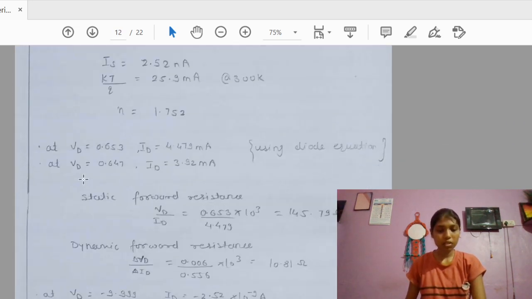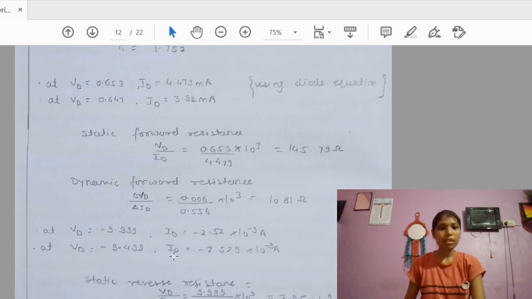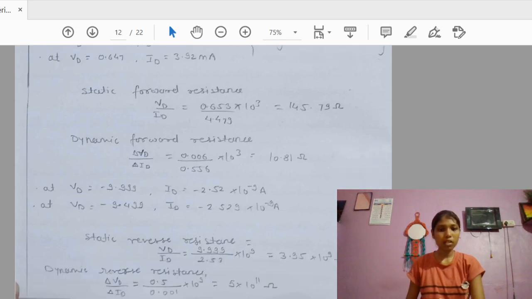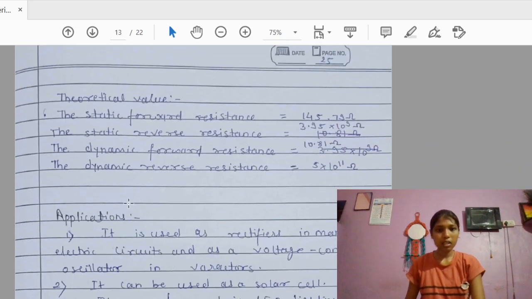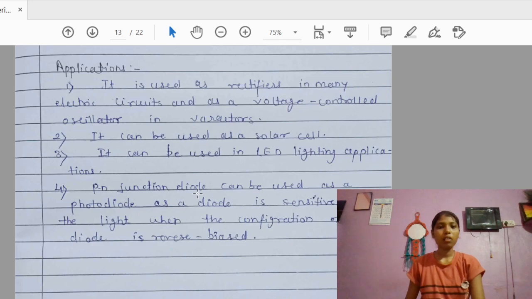These are the calculations. Here we find static forward resistance, dynamic forward resistance, static reverse resistance and dynamic reverse resistance. These are the theoretical values for this.